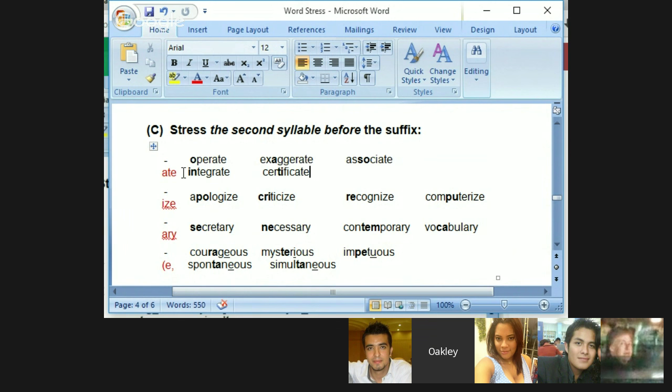All right. With the -ate suffix, there's also something else going on here. Halen, you pronounced all of these suffixes as "ate," like the number 8. Operate, exaggerate, associate.